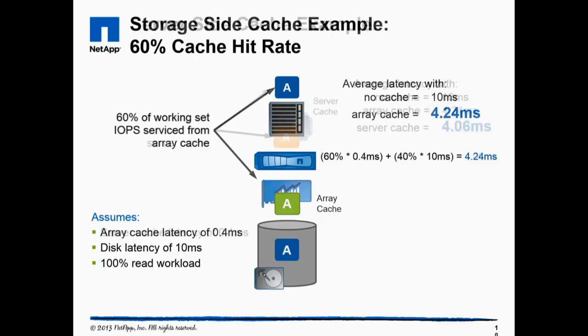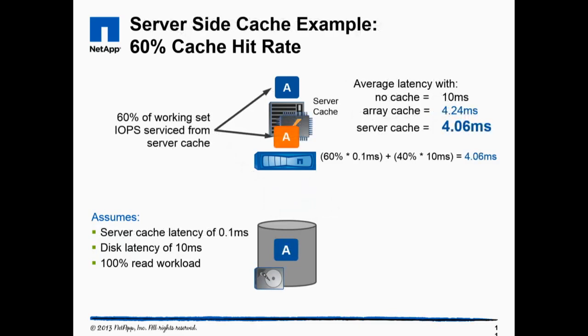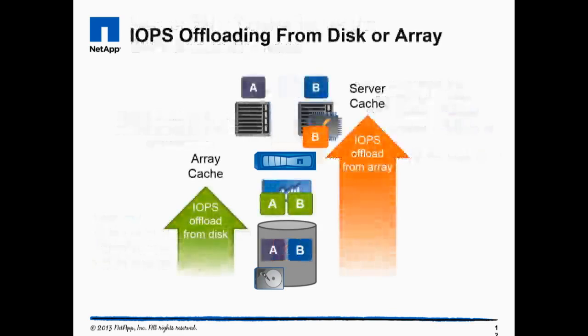But if I deploy a server cache solution where the cache characteristics are exactly the same and I use the same amount of cache, so I'm getting the same cache hit rate, then my average latency is going to be 4.06 milliseconds. So there's not much of a difference here. You're not having really a performance difference between these two. But there are still some differences that you need to consider in which technology you'd want to use.